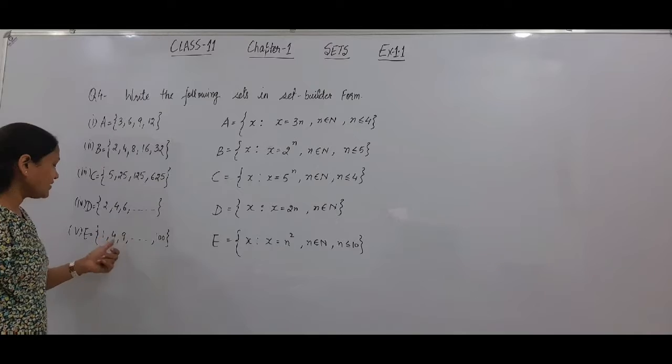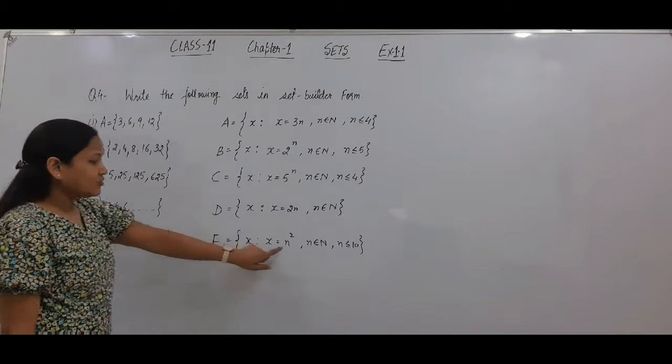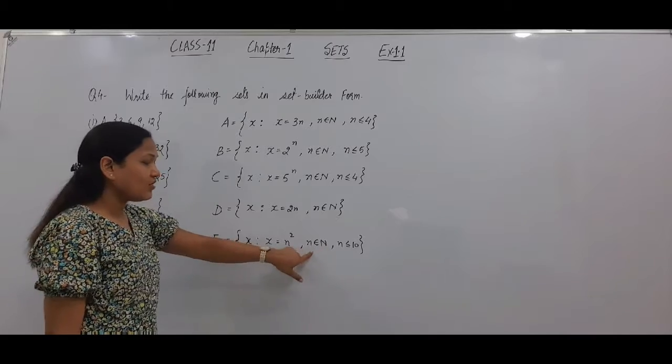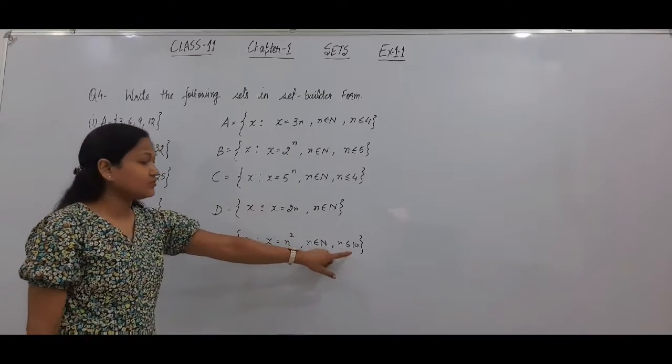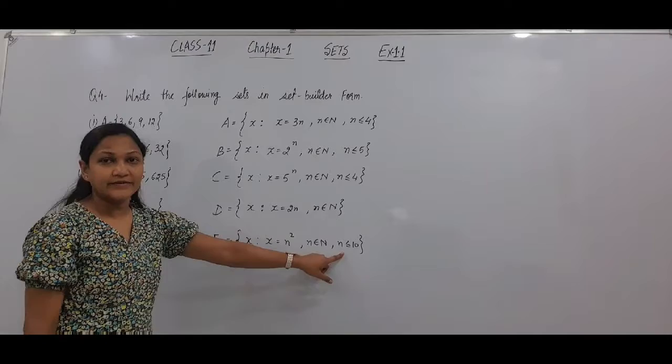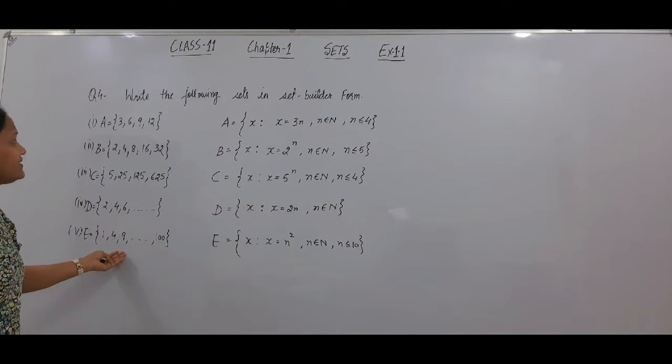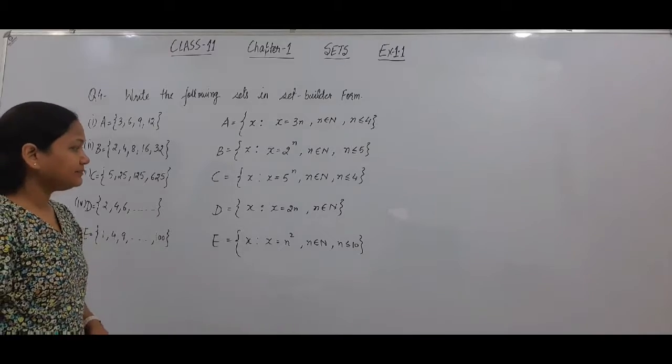Look, 1 square, 2 square, 3 square, so n is 1, 2, 3 till 10. So they are all natural numbers less than or equal to 10. So we have written these sets in set builder form.